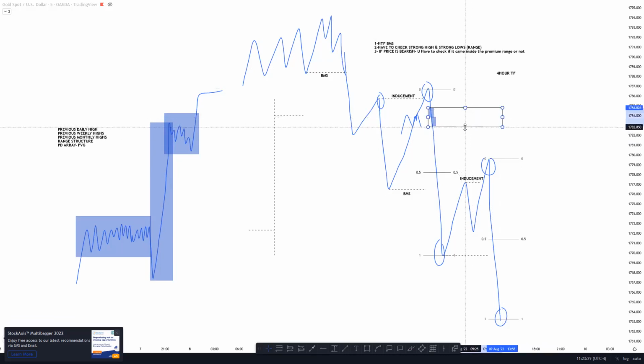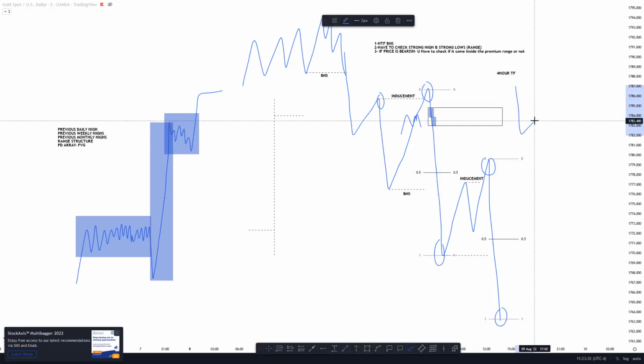And for confirmation of this breaker, you need to have some sort of drop, base, drop.